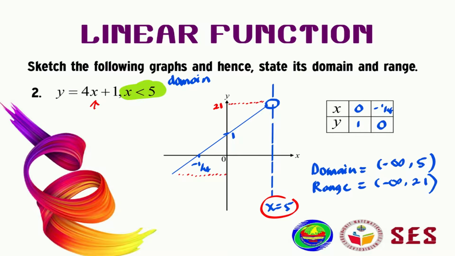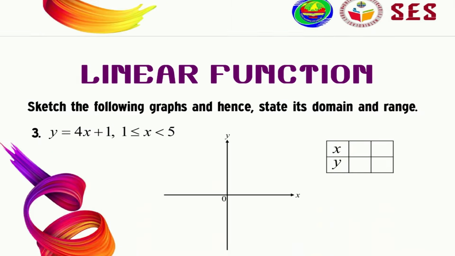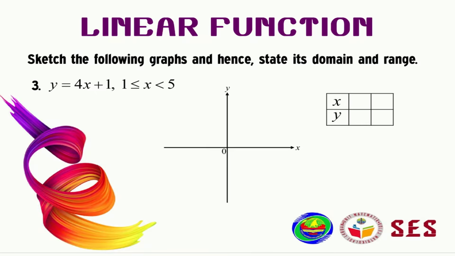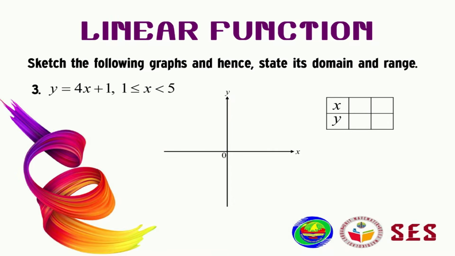Next question. We have 4x plus 1, and now the condition is that x is from 1 inclusive up to 5, not included. As we agreed earlier, this is our domain. And as mentioned earlier, we need at least 2 points to sketch the graph of a linear function.